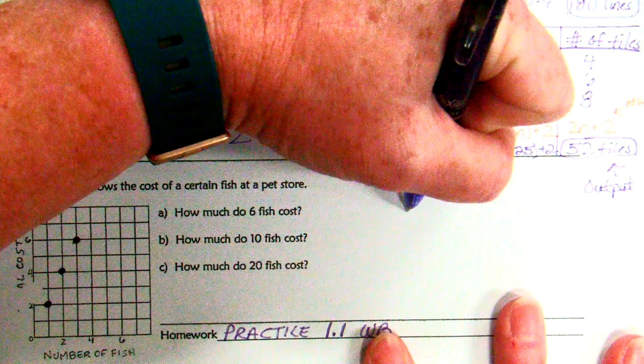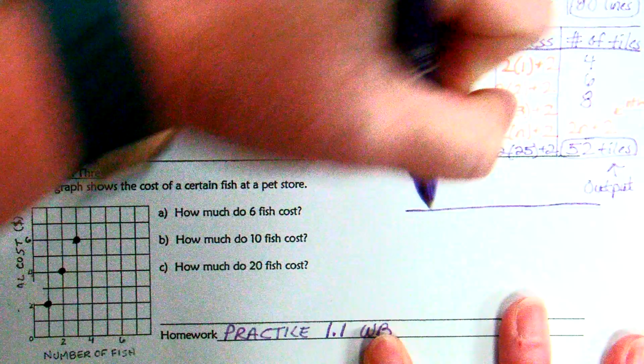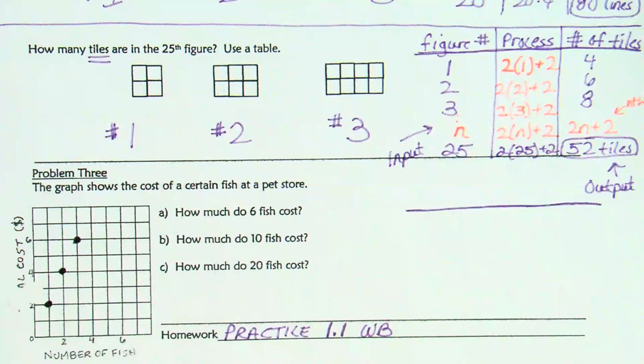So, 3 columns. What's my first column? What's the given, or the input, in other words? It's no longer figure number. What's the input that you would be given? What was it? Number of fish, right? If you look down here, number of fish is what's on the bottom of the graph, and that's what they're asking.